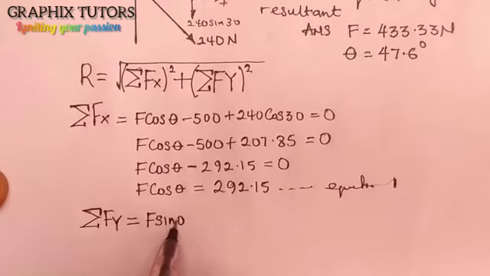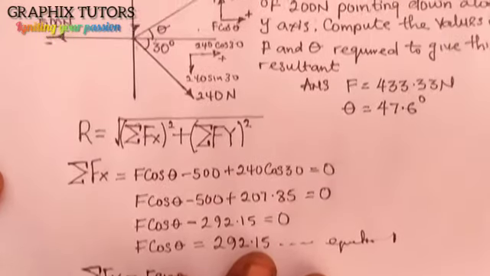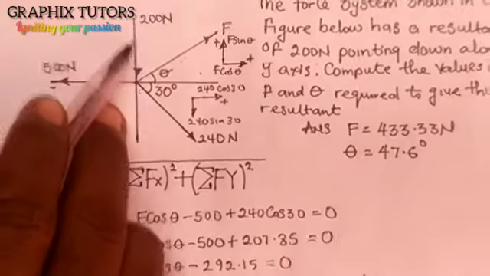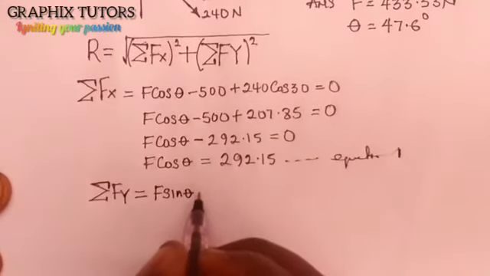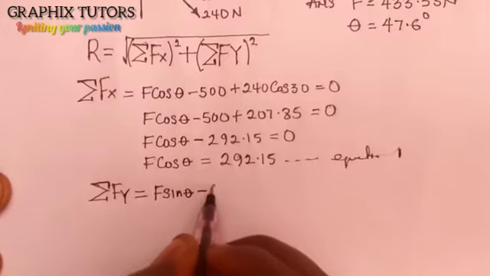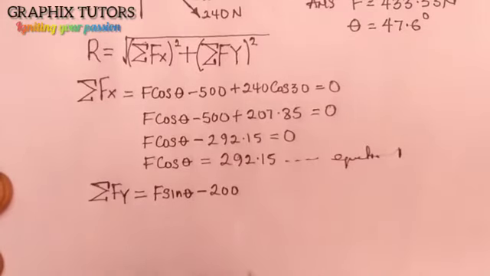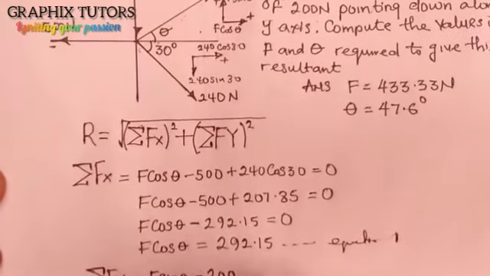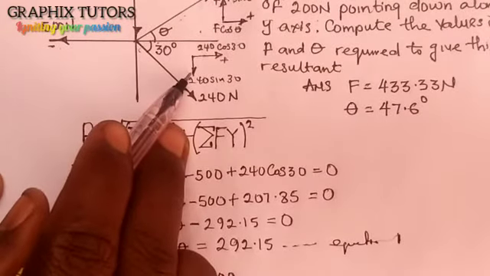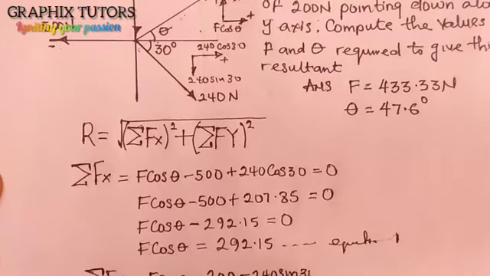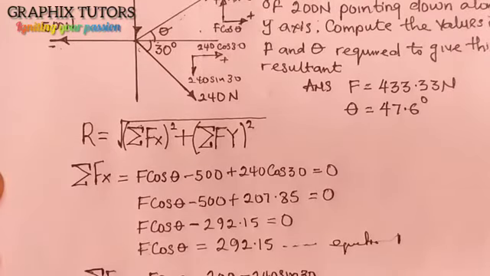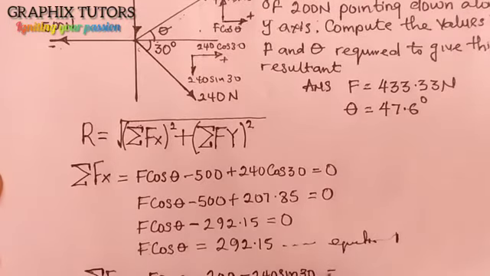The 200 Newton is acting downward, so we have minus 200. And this one is also acting downward, so minus 240 sine 30. We equate them to 0.